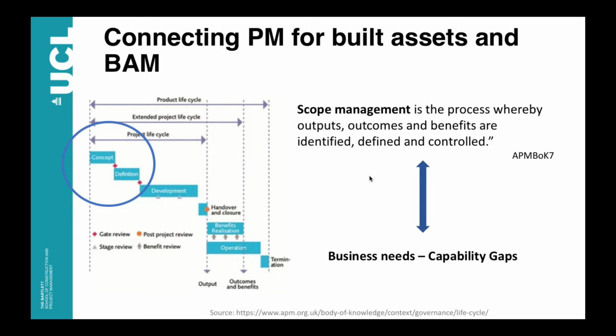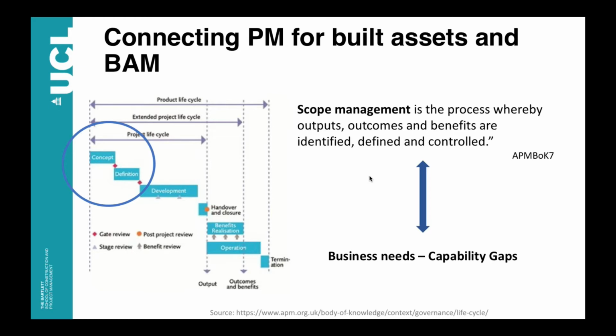In that sense, we have to look at the scope management. The scope management could be defined as the process whereby outputs, outcomes, and benefits are identified, defined, and controlled. What does it mean? That when we are conceptualizing our project, we need to understand which are the business needs and the capability gap that we are trying to cover by building this particular built asset.